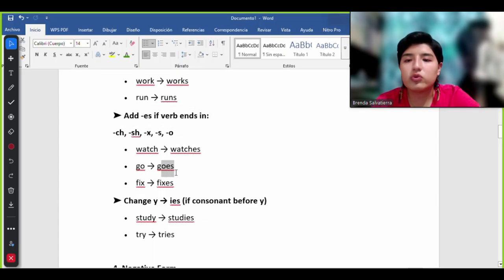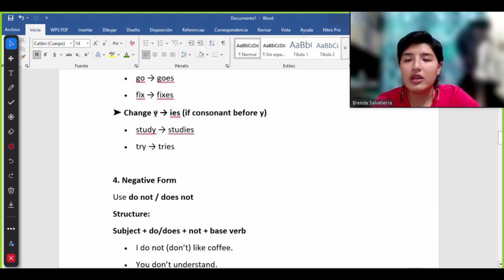Go, goes. Fix, fixes. Okay, change Y to IES if there's a consonant before Y. Study becomes studies. Try becomes tries.